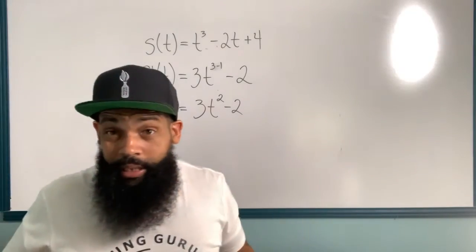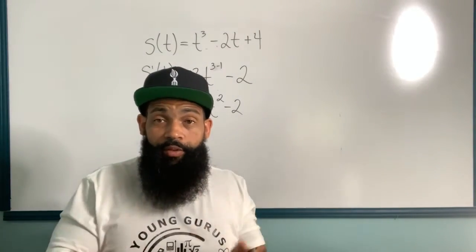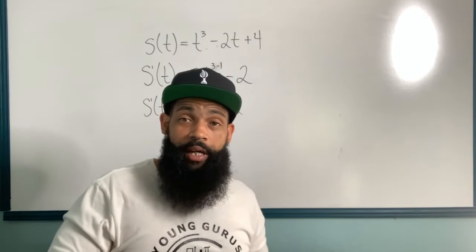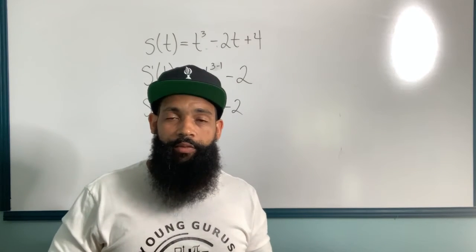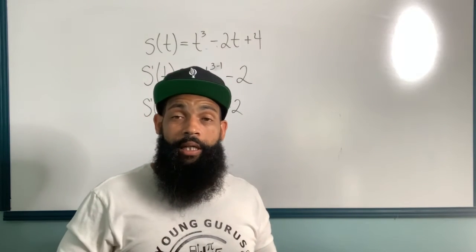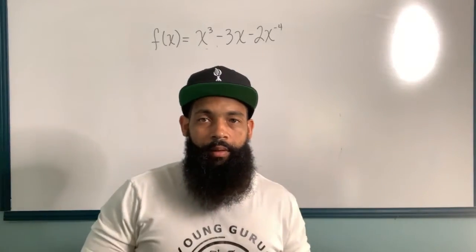Yes, it really is that simple, because all you're doing is taking the derivative of each term. If you need help with that, go back and look at the video on the power rule and the constant rule.